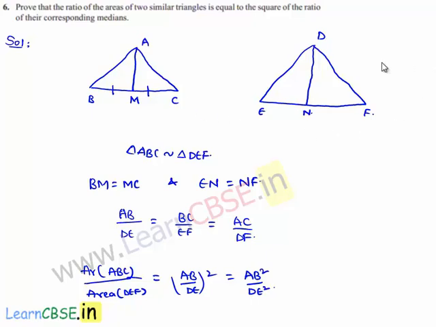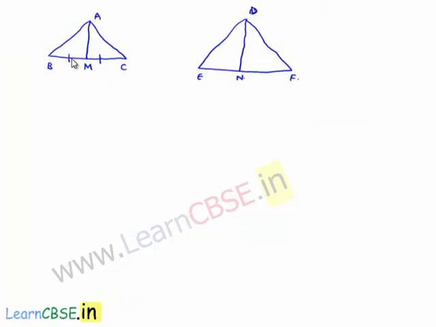Now if we consider the two triangles, that is triangle ABM and triangle DEN, from the similarity ABC is similar to DEF, we get AB by DE is equal to BC by EF.